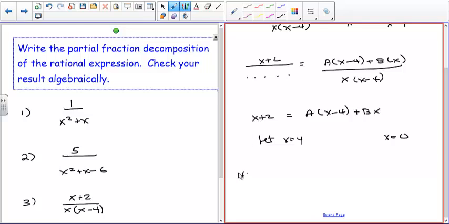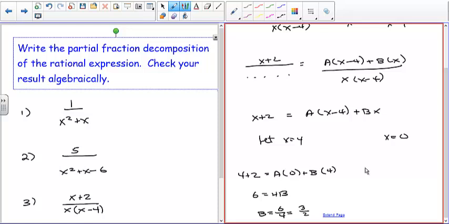So we'll have 4 plus 2 is equal to a times 0. I'm just going to plug it in there. 4 times 4 minus 4 is 0. Plus b times 4. So you'll get 6 is equal to 4b. B is equal to 6/4 or 3/2.